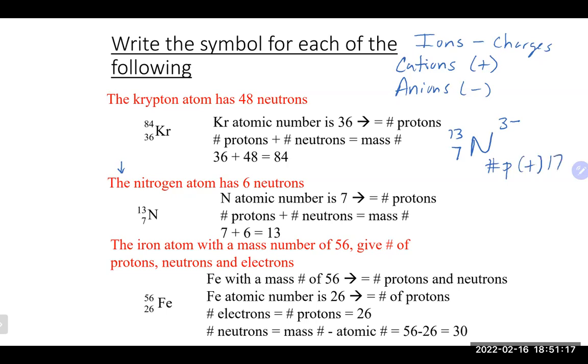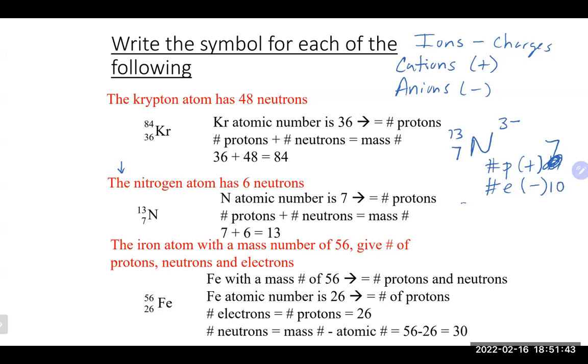In this case, the number of electrons would be 10 electrons.